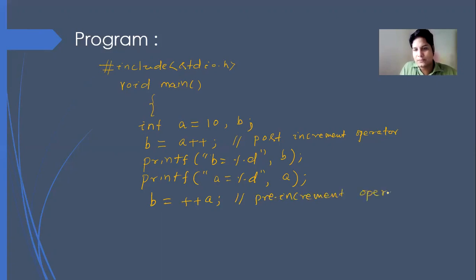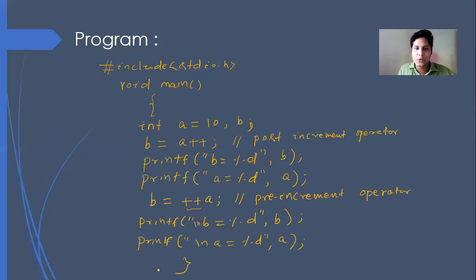In the next statement, I'm writing b = ++a; This is the pre-increment operator. That is, this ++ before a is the pre-increment operator, and here a++ is the post-increment operator. Then I'm using printf to display \n b = %d, b; and printf("\n a = %d", a); So in this program I want to show how post-increment is working and how pre-increment is working.